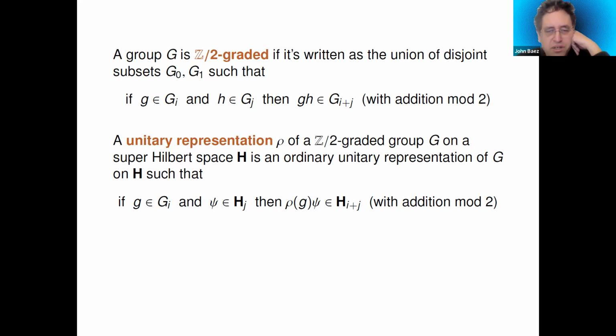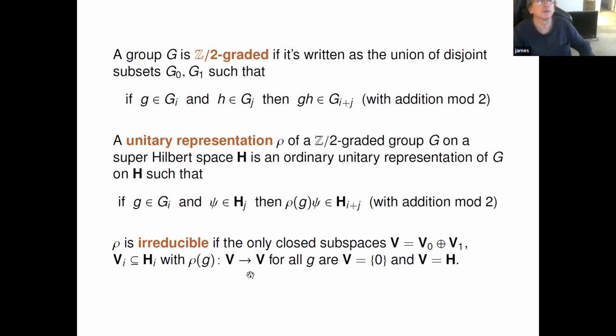So odd group elements interchange the even and the odd vectors, mapping even vectors in your Hilbert space to odd ones and vice versa. Yes. Using more category theory, we could say all this much faster. But I'm not doing it.